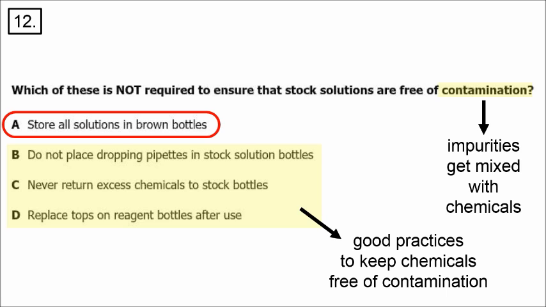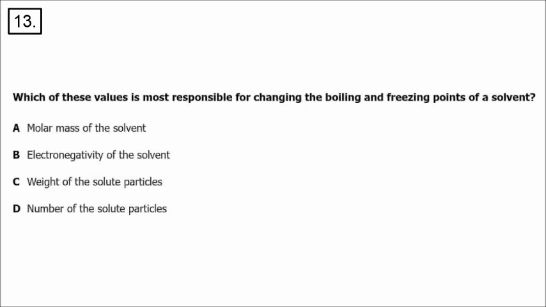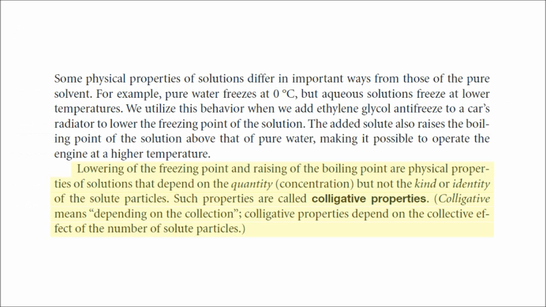Correct answer is A. Number 13, which of these values is most responsible for changing the boiling and freezing points of a solvent? So here is a section from a chemistry textbook, and I've highlighted a certain paragraph. It's talking about the fact that pure water freezes at 0 degrees Celsius, but aqueous solutions freeze at a lower temperature.